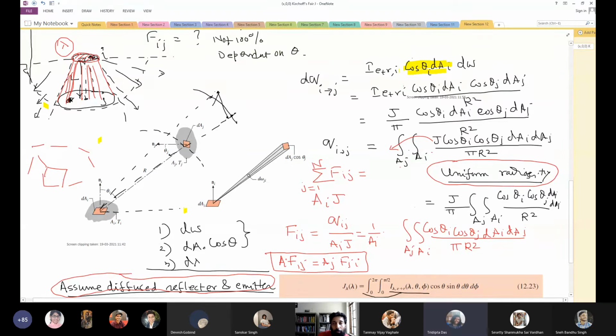The sum of Fij over all j equals 1, because it's a fraction of energy received by the jth surface, and if all the jth surfaces form an enclosure, the energy emitted will be intercepted by some of the surfaces. Okay, so these two are extremely important quantities.